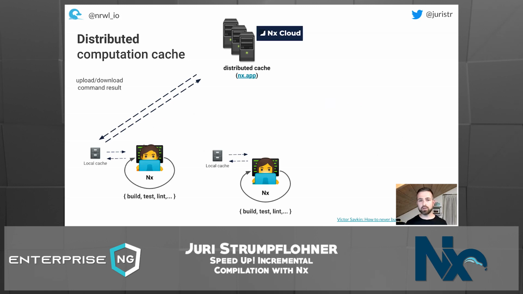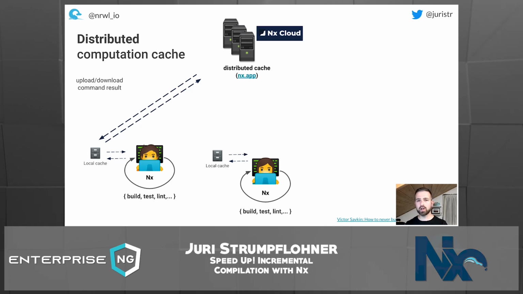What NX Cloud does is it takes your local cache and synchronizes it to a central location in the cloud. So if I'm a developer on a team and I executed a couple of tests on our project, like I use one of those affected commands to run all of the tests of a feature branch, in that case, these are being cached, they're being uploaded to NX Cloud.